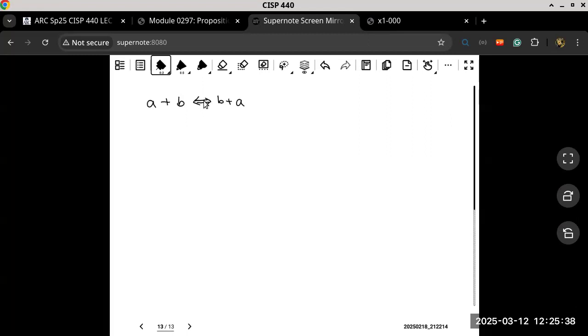In other words, the plus is actually returning a numerical value, and you cannot use if and only if between two numerical values. But in Boolean algebra, if A or B is returning a Boolean value, and B or A is also returning a Boolean value, then you can use if and only if in place of equal to, because if and only if is really the same thing as equal to, but it only applies to Boolean values. Is that okay?